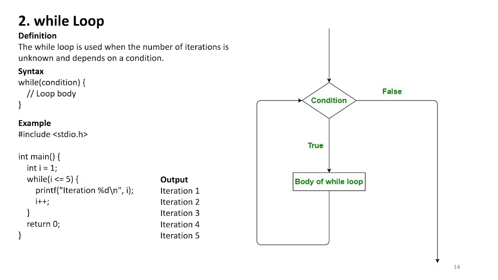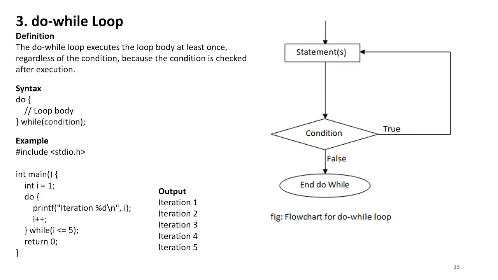So in the case of do while, it will execute at least one time, and it is a must, irrespective of condition satisfaction. Now let's see the definition. The do while loop executes the loop body at least once, as I have told you, regardless of conditions, because the condition is checked after execution.